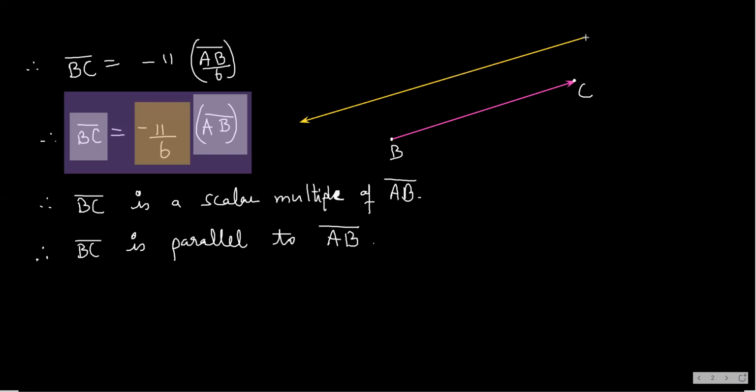But try to understand, the vector which I have to draw is AB bar. That means the vector I am drawing has to have its terminal point here. And since it has to be parallel, it means it has to be this way. You understand?